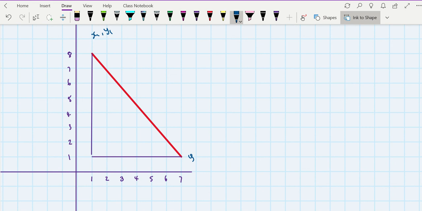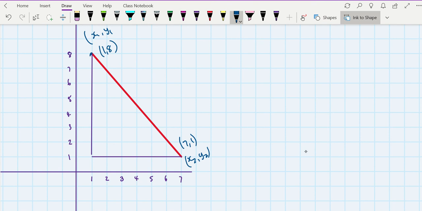That means this is x2, y2. So let's find our first point. It's 1, 8, and then it's 7, 1.